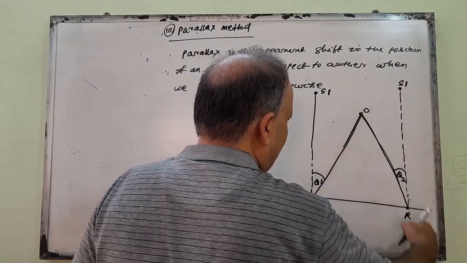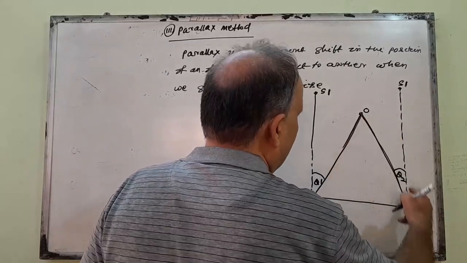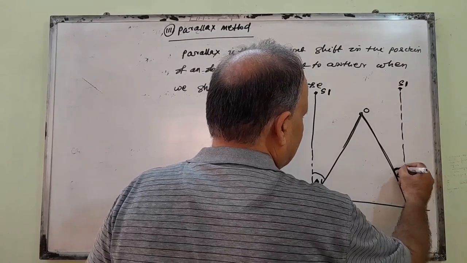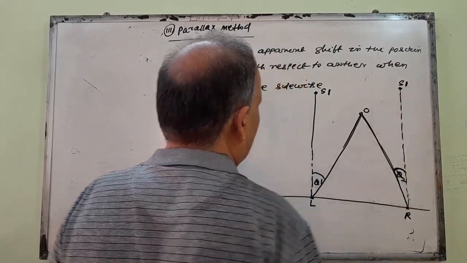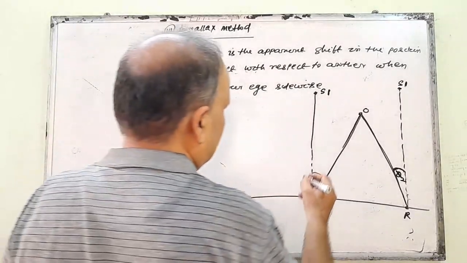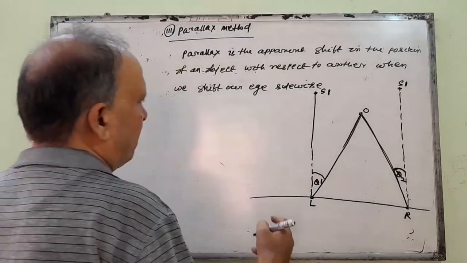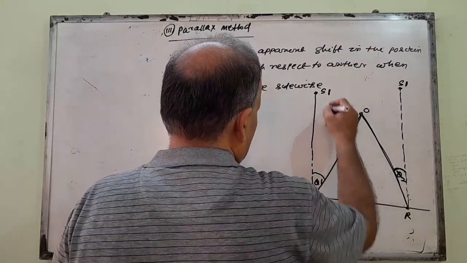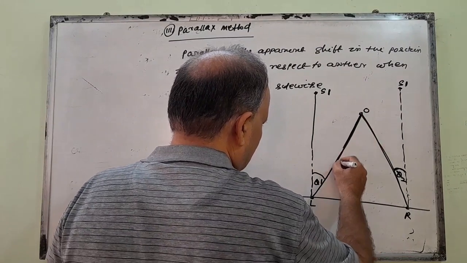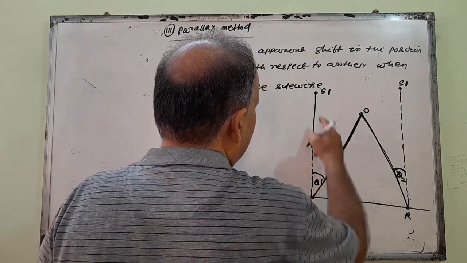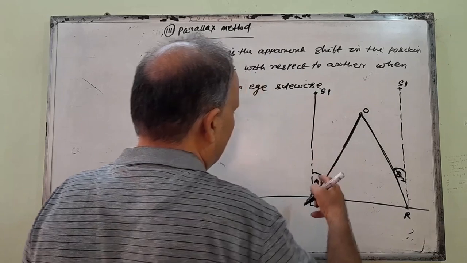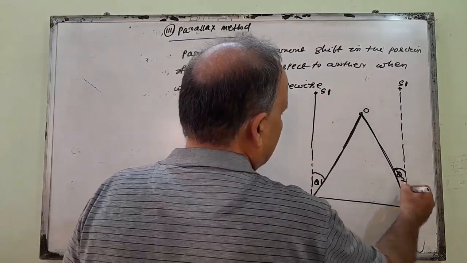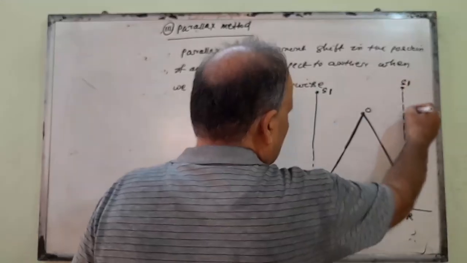So the line OR makes an angle phi 2 with S1, and our left eye makes an angle phi 1 with S1, that is your OL makes an angle phi 1 with S1, that is S1L, and it makes an angle phi 2 with S1R.